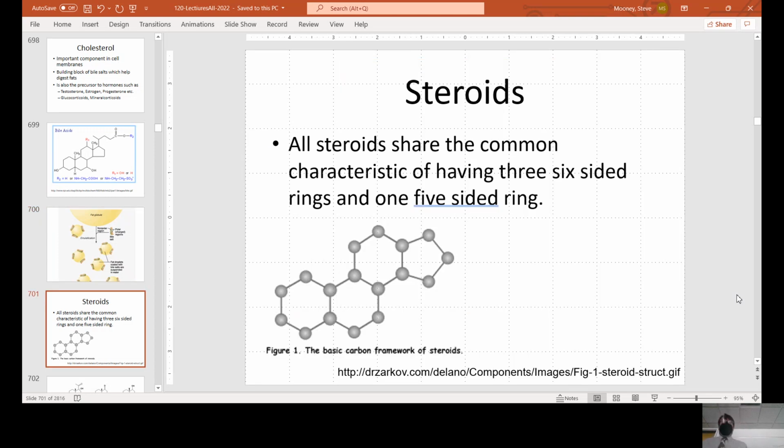Steroid hormones are based on a 4-ring structure. So these dots here are carbon atoms. We didn't draw in the hydrogens, just for clarity or less clutter. So you've got 3 six-carbon rings that are overlapping with 1 five-carbon ring stuck to it.